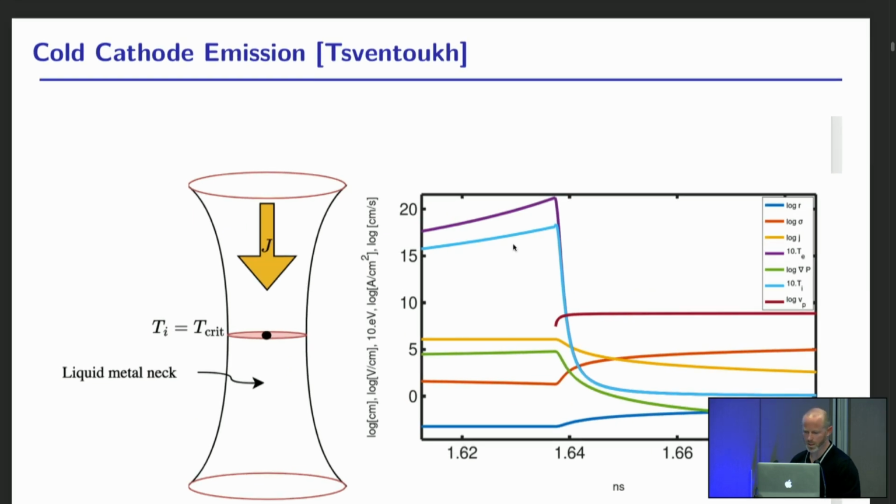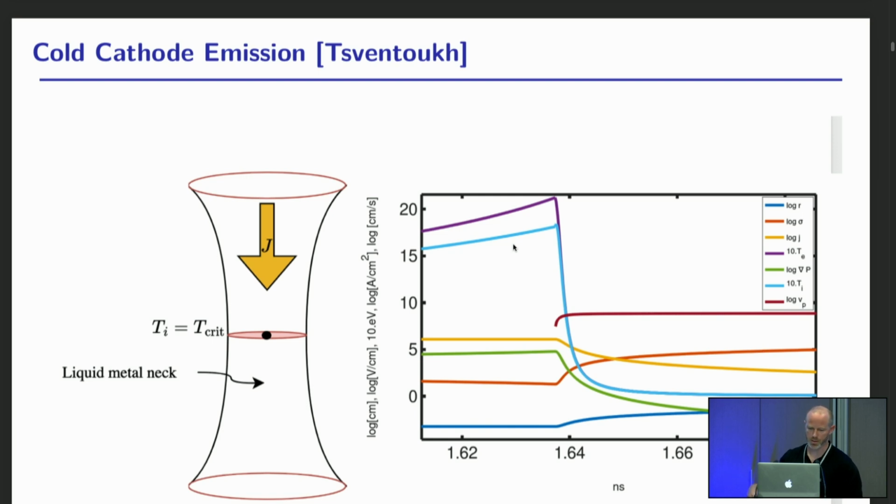Okay, so we basically took the model of Mesyats for a cold cathode emission, and what this is, so Svetuk is his contemporary, so we have an explosive electron emission which creates a crater, and it also creates a liquid metal jacket that pushes up, and every 5 nanoseconds or so we get a metallic droplet separation, and it's during this droplet separation that we get the repetitive process occur.